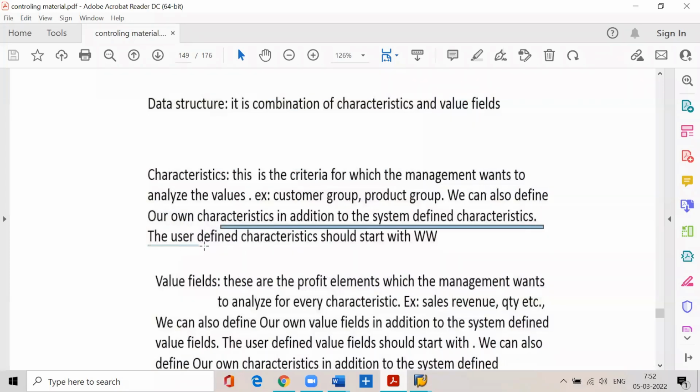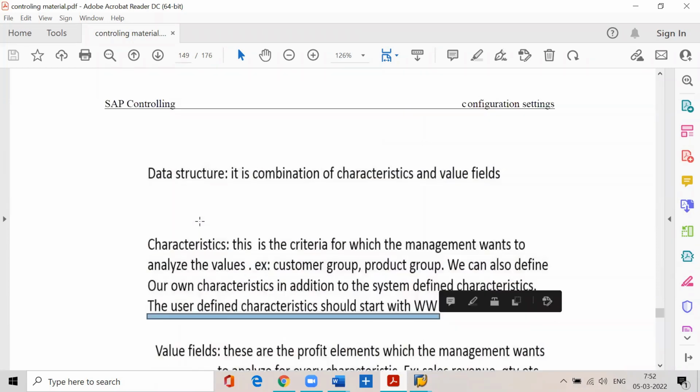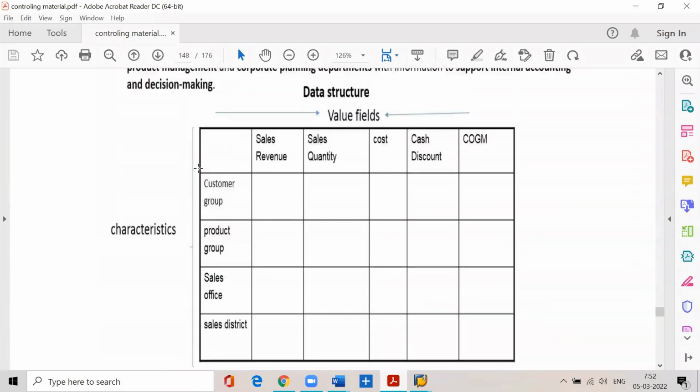The user-defined characteristics should start with WW. Here, these are the characteristics, and these characteristics were already defined in the system. There are many more characteristics out there, but I have taken the examples of only 4 characteristics. So there are many characteristics already defined in the system, and if necessary, we can also define our own.